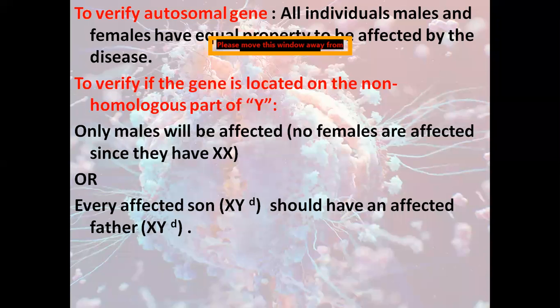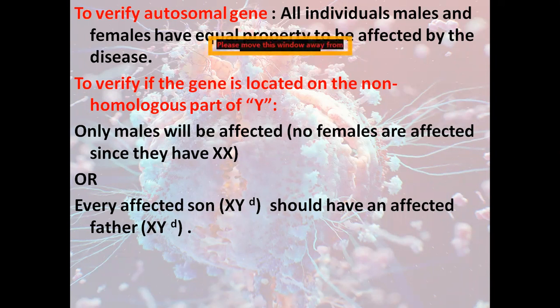So if it's found on the non-homologous part of Y, only the males will have the Y, so only the males will be affected. If we have even one female affected by the disease, this means that the disease is not found in the non-homologous part of Y, and this is not the case.